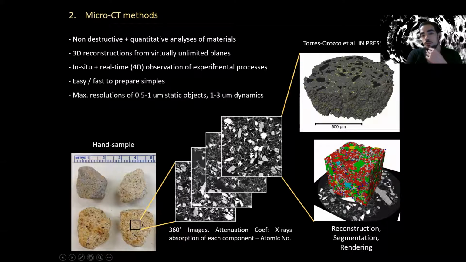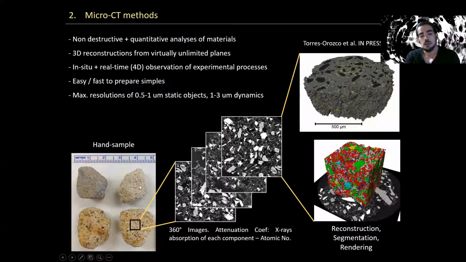Another advantage of the microCT method is that we can perform in situ and real-time, or 4D, observations of experimental processes like magma flow, for example, or magma evolution. It's also fast to prepare samples. We don't need to do much. We just basically need to cut the sample to a certain size, depending on the resolution that we are targeting.